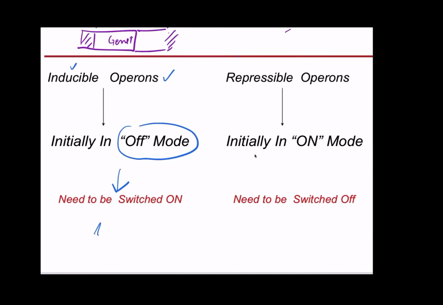So we call it an inducible operon. On the other hand, repressible operons are working normally in the on mode, and you need to switch them off. So for example, when we don't need the lights in the house, lights are in off mode. When we need them, we switch them on. Same analogy, you can use it.